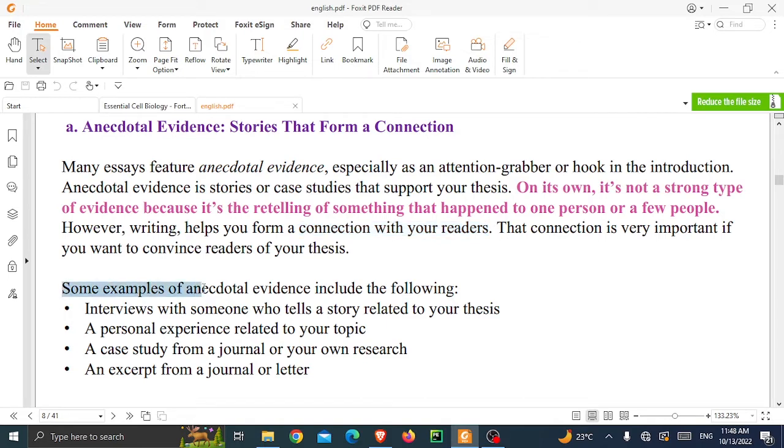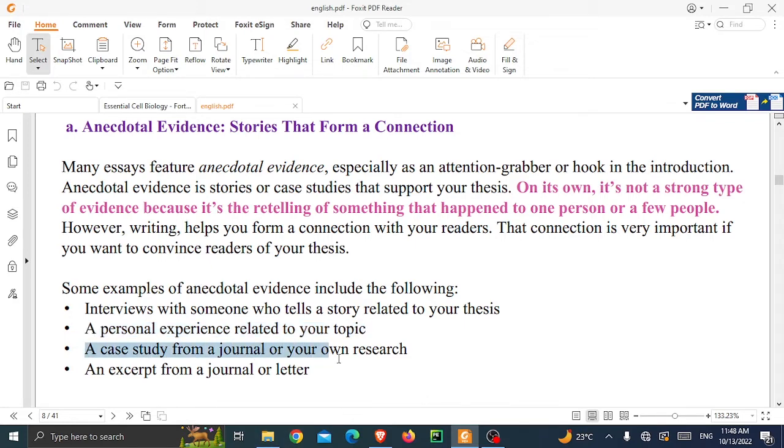We have some examples of anecdotal evidence, for example, interviews with someone who tells a story related to your thesis. Either it's about something scientific or something in engineering, a personal experience related to the topic that you're talking about. And you're gonna use a lot of anecdotal evidence in the icebreaker speech, in the speech part of this course.